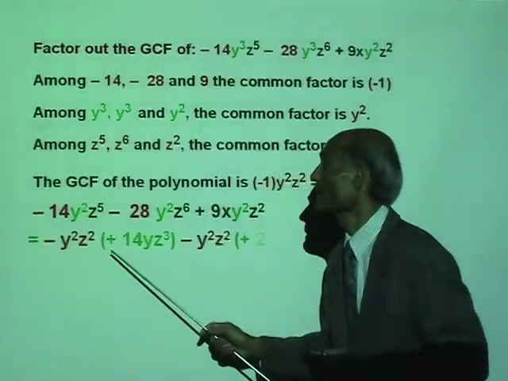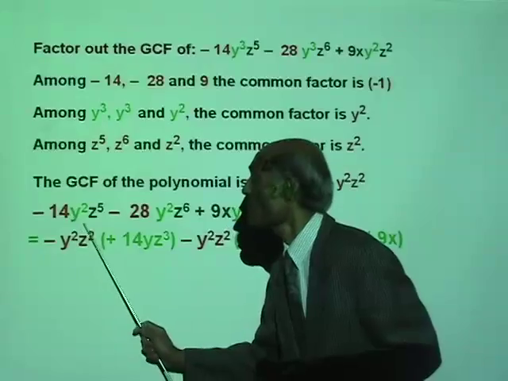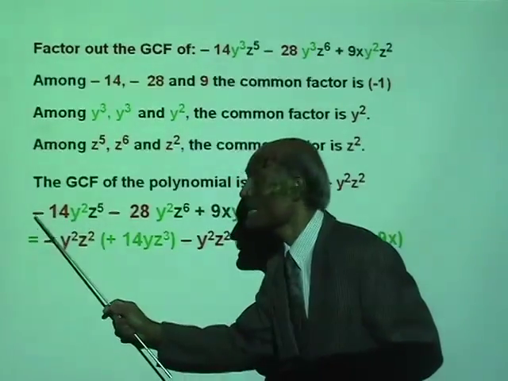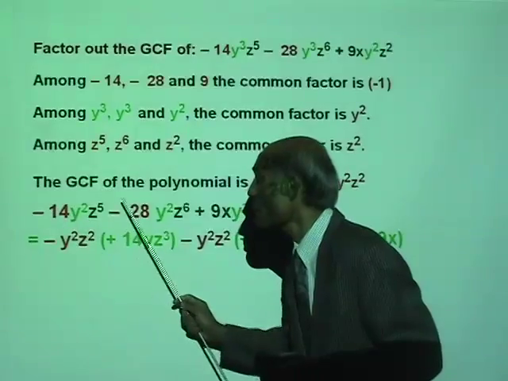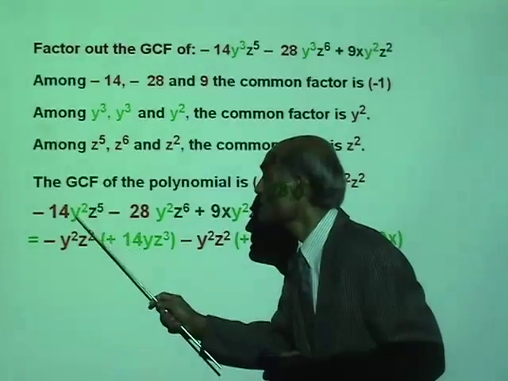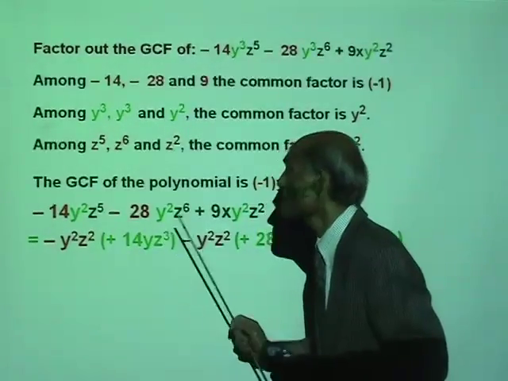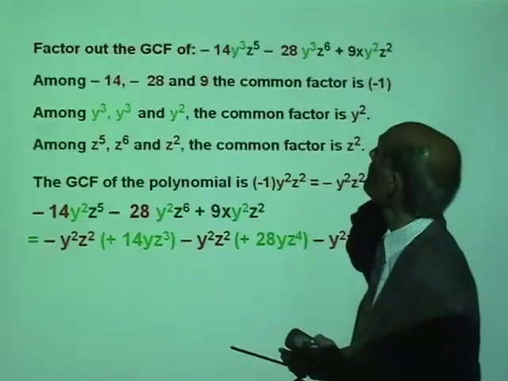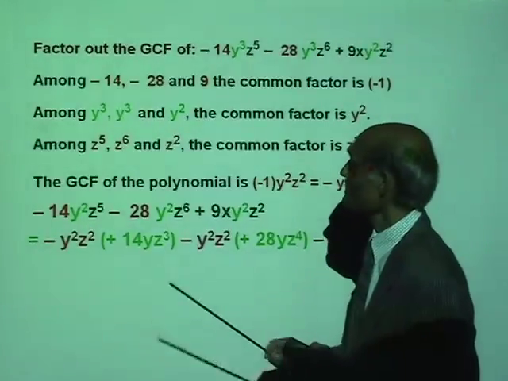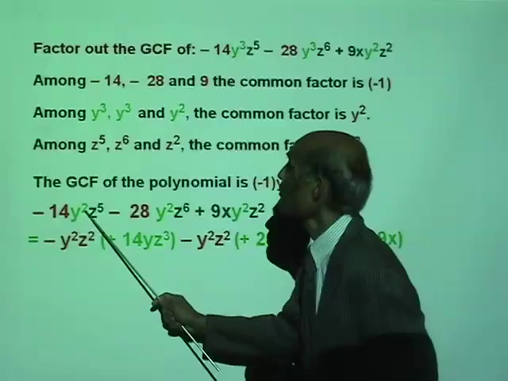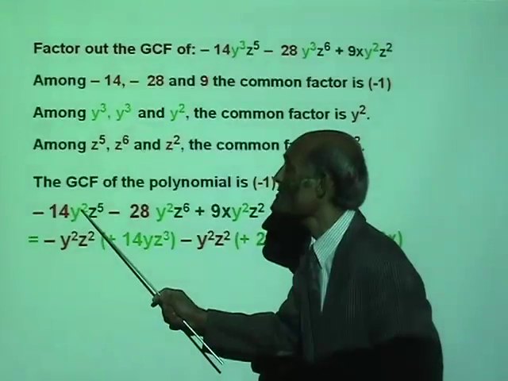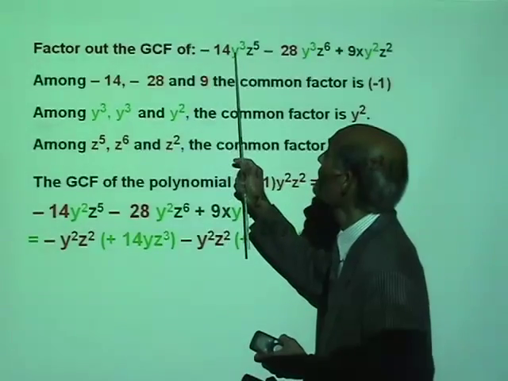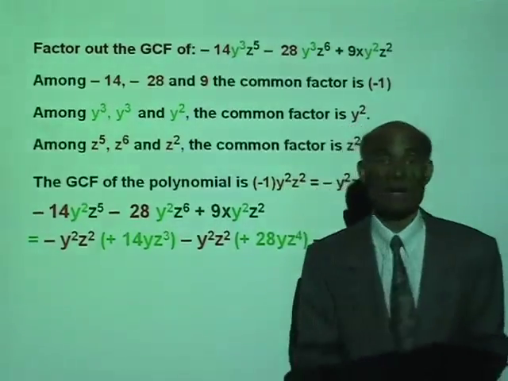Alright, let's write that. Negative y squared z squared is factored out from the first term, leaving a positive 14 times y times z cubed. You can see again, there is a small printing error here. The first term is not negative y squared z to the 5, it is y cubed z to the 5.